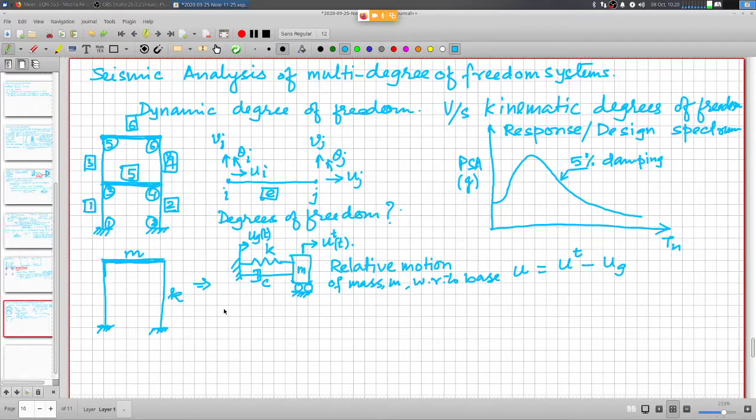So in terms of this, the equation of motion, as you all know, can be developed in terms of the relative motion of the mass, and if you divide it through by the mass, the point inertia term, you get this normalized equation, right?